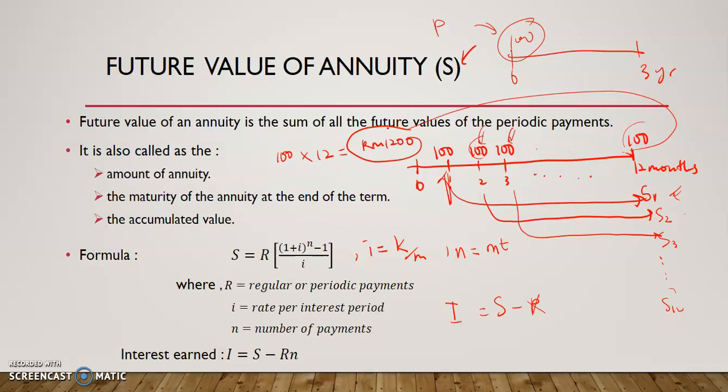To calculate this 1,200 ringgit, the general formula is R multiplied by n, where R is the regular payment and n is the number of payments. So in annuity, to calculate the interest earned, you use S minus R multiplied by n. Do not use S minus P because we don't have P in annuity.